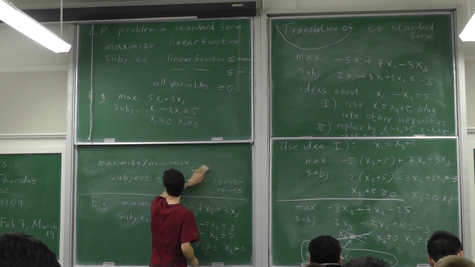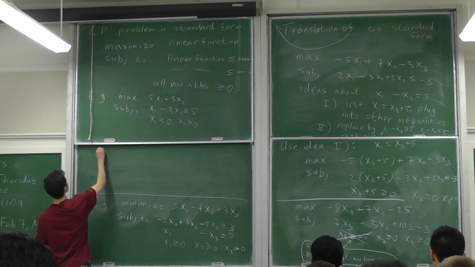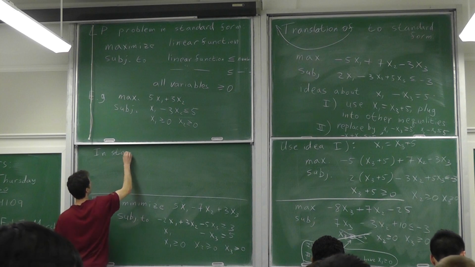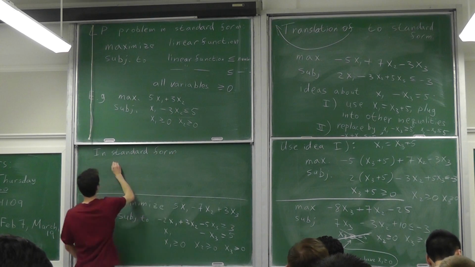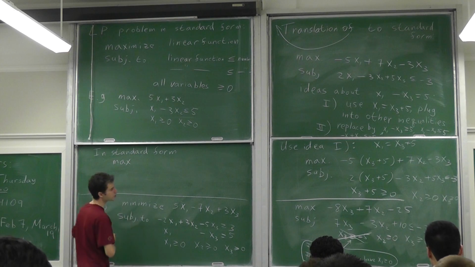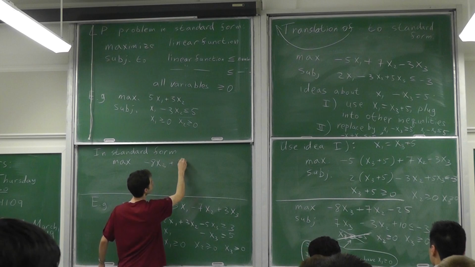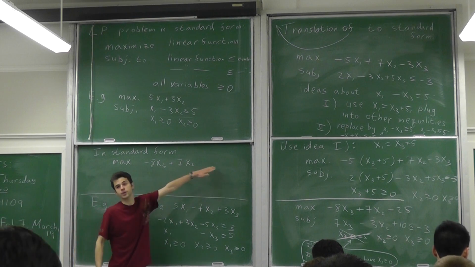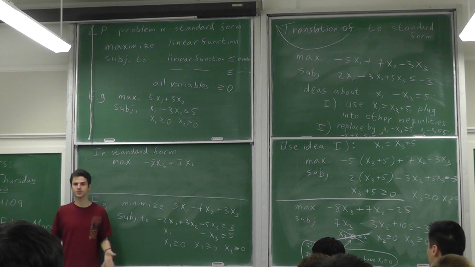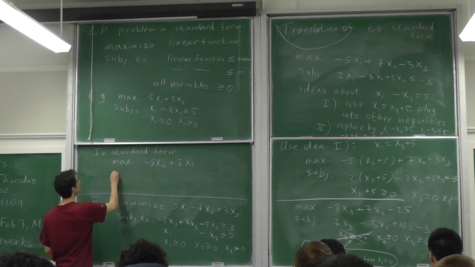So finally, we'll translate this to a problem in standard form. Maximize minus 8x3 plus 7x2. Now I forget about this minus 25 because it doesn't matter whether I subtract the 25 or not.